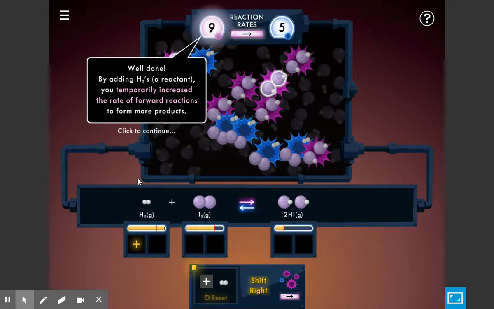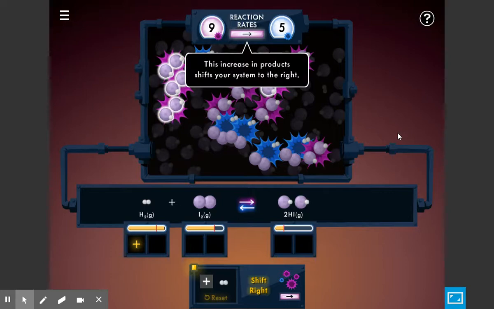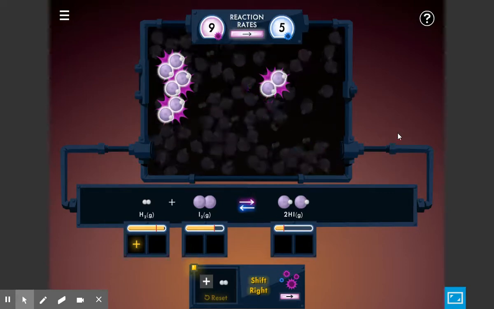We can expect a decrease in my reactants since I'm shifting the reaction towards the right, and we can expect an increase in my products. So let's watch this happen.